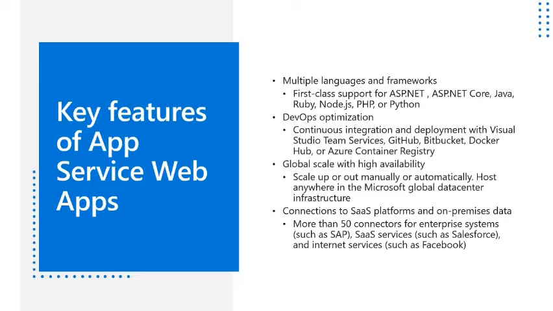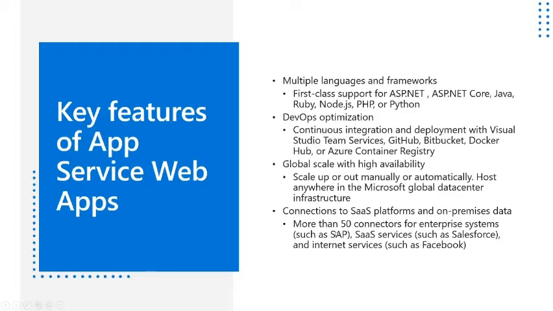Connect them to SaaS platforms and on-premises data. Choose from more than 50 connectors for enterprise systems such as SAP, SaaS services such as Salesforce, and internet services such as Facebook. Access on-premises data using hybrid connections and Azure virtual networks. So this is really optimized and customized for your use.